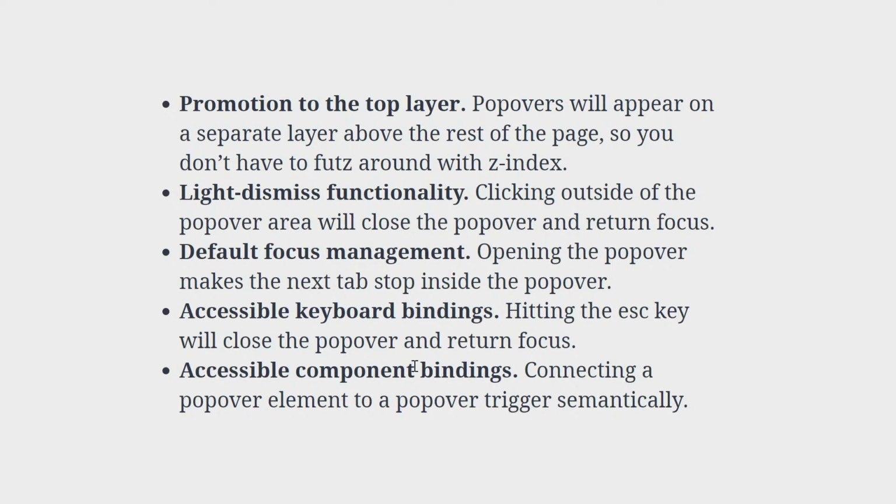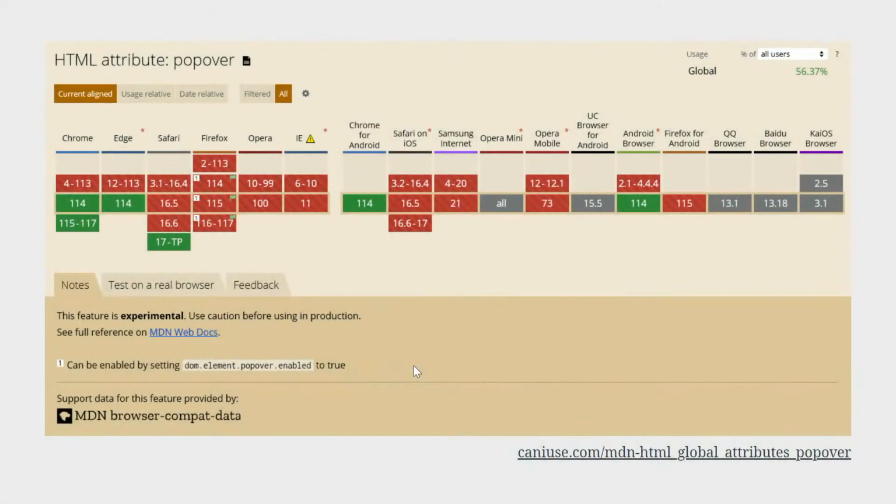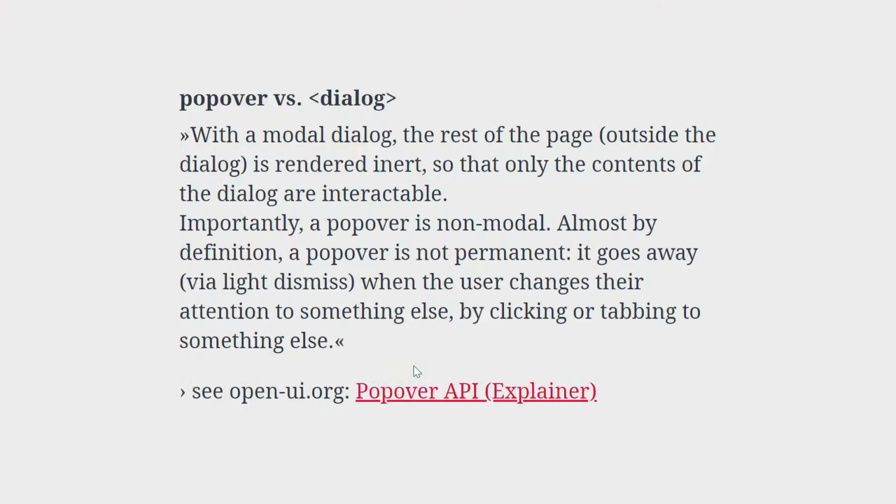You have keyboard bindings. Hitting the escape will close the popover. And yeah, you can do anything with HTML, and you don't necessarily need JavaScript. Makes it far easier. So far, you can use it in Chrome and Edge, but not in real projects right now.